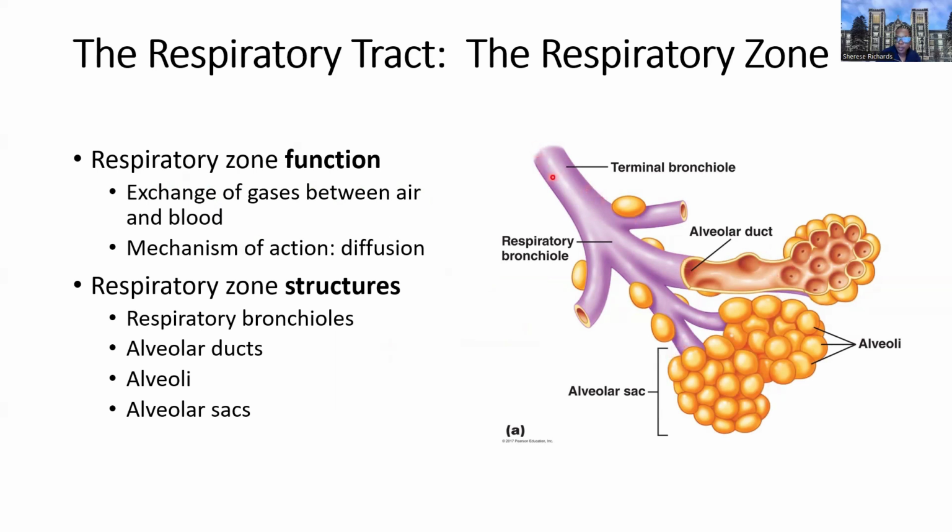So here's our terminal bronchiole, respiratory bronchiole, which we have studded with alveoli, alveolar duct, which is going to continue all the way towards the alveolar sac. And then the alveolar sac are basically made of individual clusters of alveoli, right? And all of this zone is where we have gas exchange occurring. Much less of that happening at the bronchioles and then much more at the alveoli.